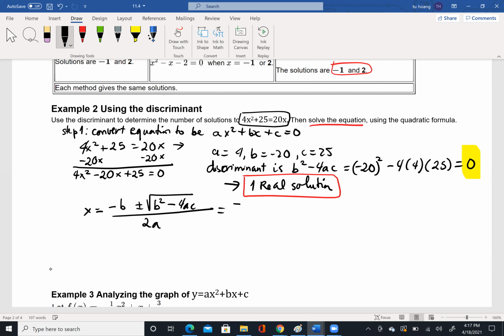I have negative b, which is negative 20, plus or minus the square root of the discriminant, which is 0, and then 2 times a, which is 4. So I have 20 divided by 8, and that gives me 2.5 as the answer.